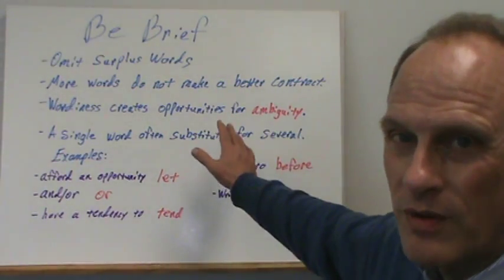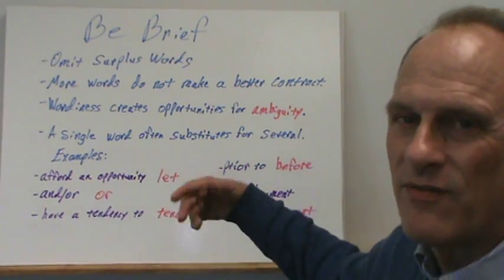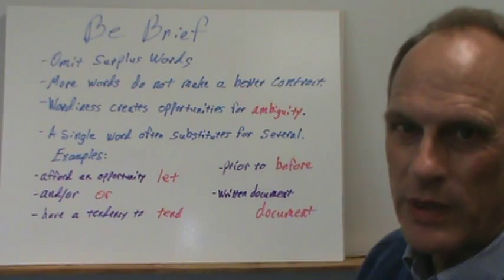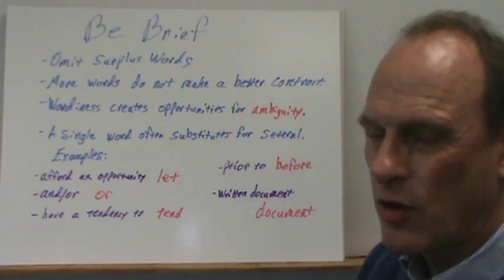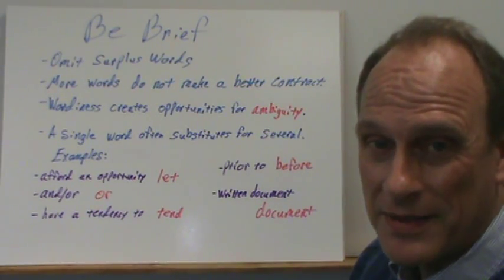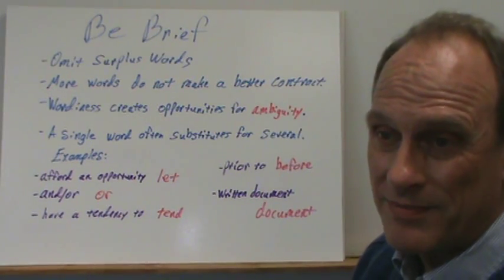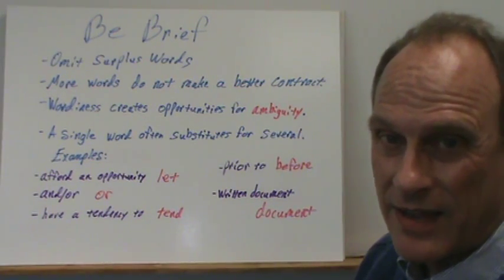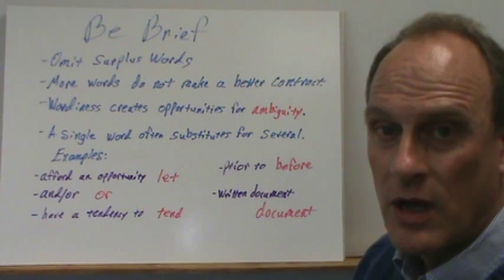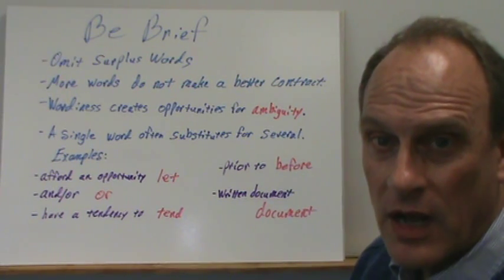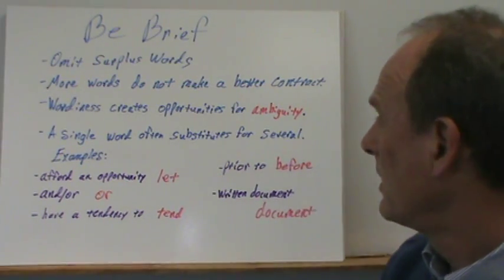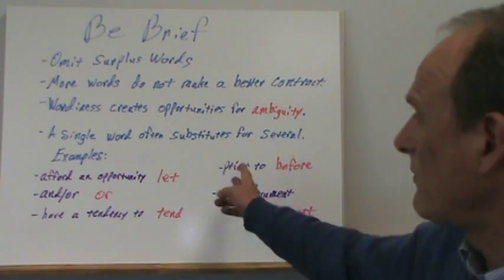And when you use too many words, you're inviting an opportunity for ambiguity, for those words to conflict with each other within the agreement. The whole point of a contract is that the parties know what's on each other's mind. And if you present opportunities for that to get clouded, that is not a good situation. So we want to be brief, we want to be to the point on what the expectations are of each party from each other. A single word will frequently substitute for several words.